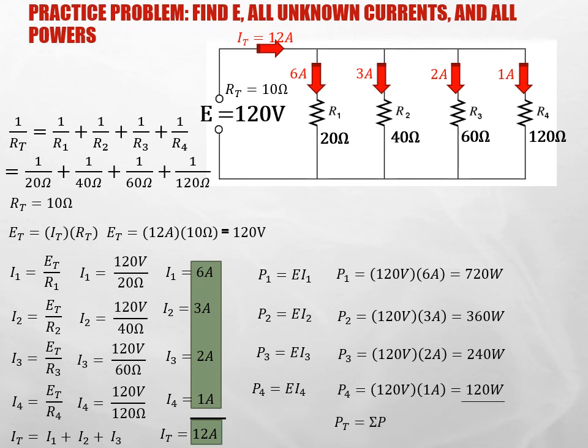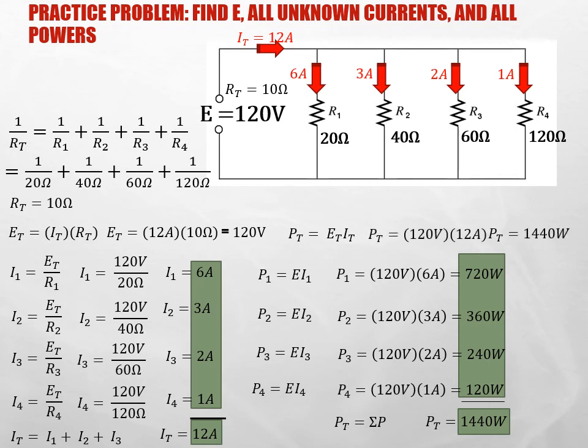If I take the sum of the individual powers, I end up with 1440 watts. To check my answer, I'm going to do PT is equal to ETIT, or PEI, which again will get me to my 1440 watts. Again, it's always a good practice to double check your answers.